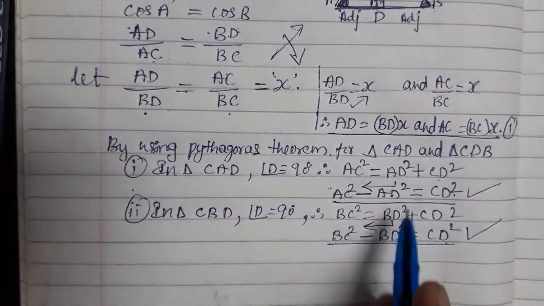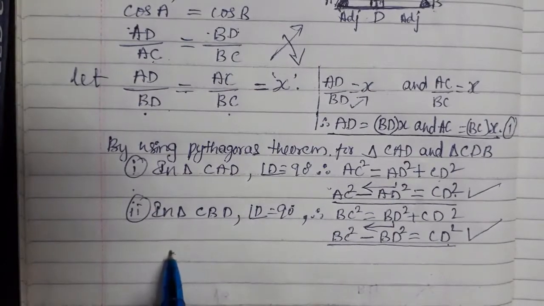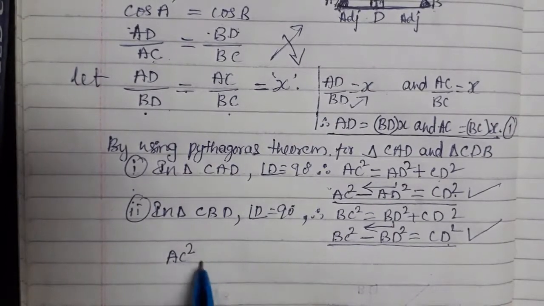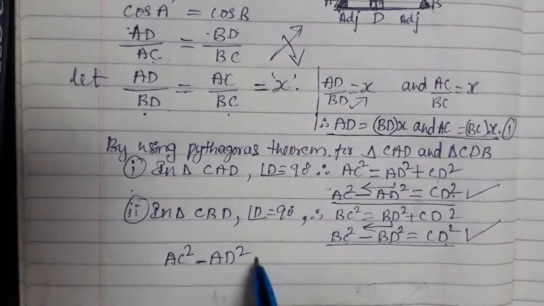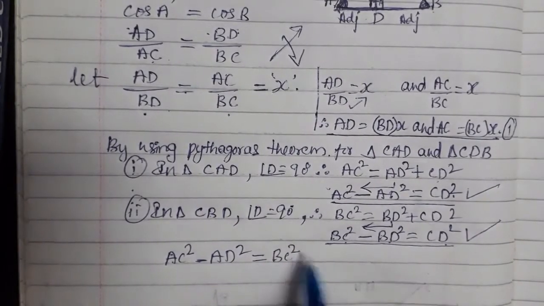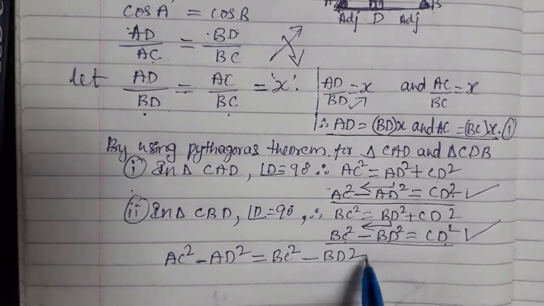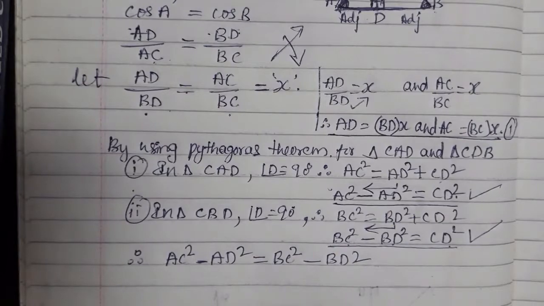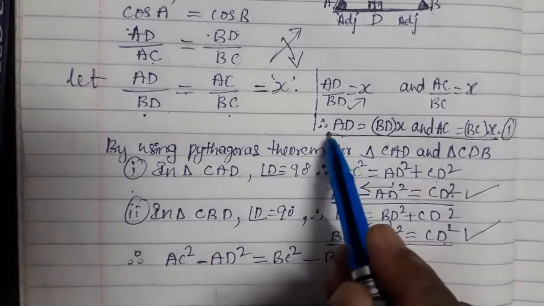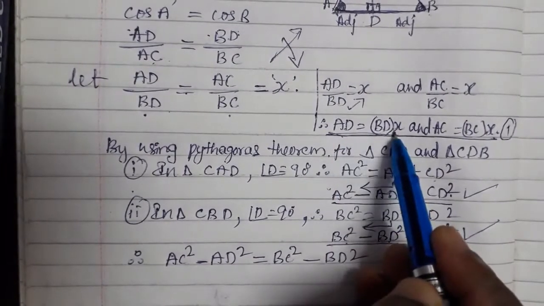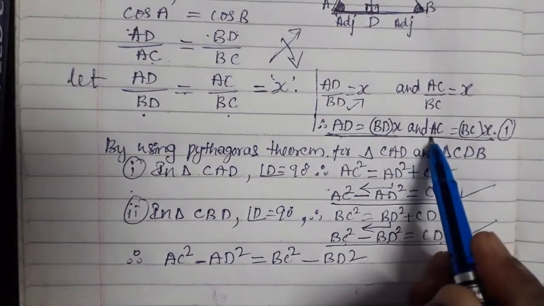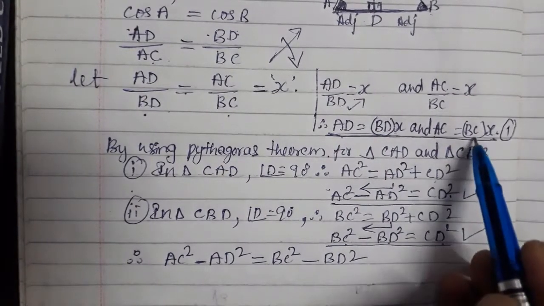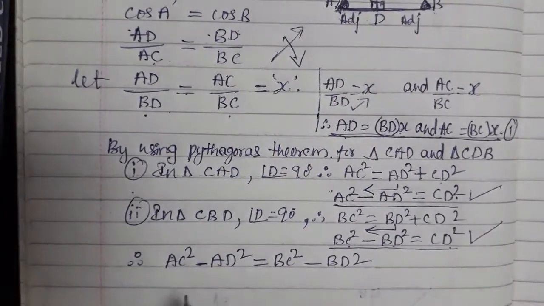So therefore I can equate both. AC square minus AD square, instead of CD square, is equal to BC square minus BD square. Now in place of AD, you can introduce BD, and in place of AC, you can introduce BC.